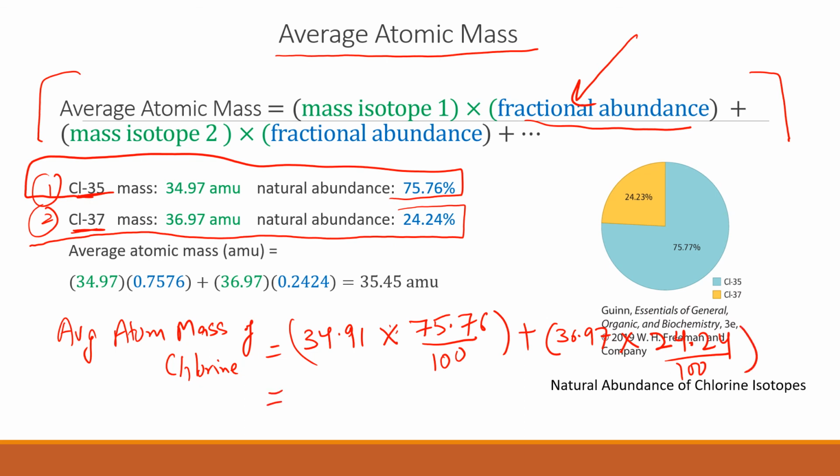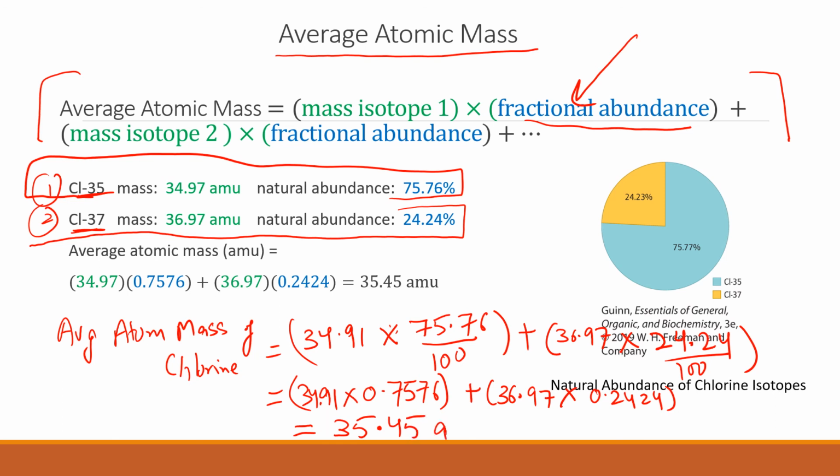So this comes out to be 34.91 multiplied by 0.7576 plus 36.97 multiplied by 0.2424, and if you solve this you will get 35.45 AMU. AMU stands for atomic mass units, and that's how we calculate the average atomic mass.